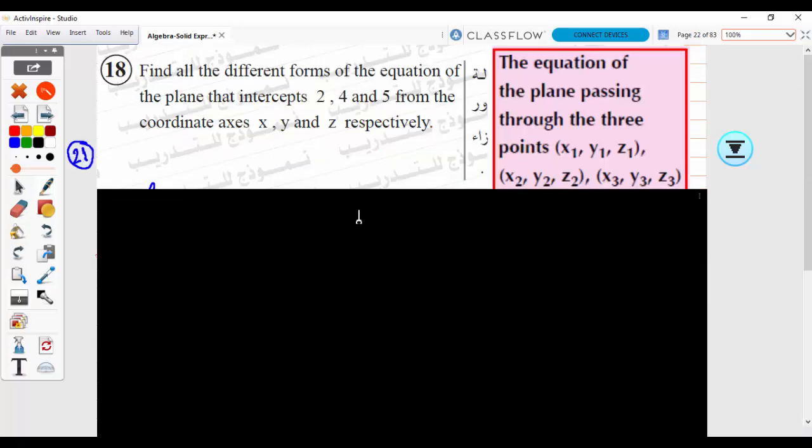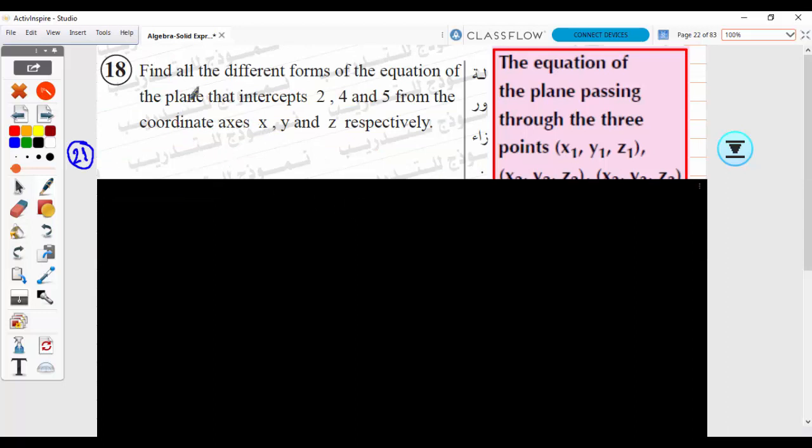Next, question number 18: find all the different forms of the equation of the plane that intercepts 2, 4, and 5 from the coordinate axes x, y, and z respectively.